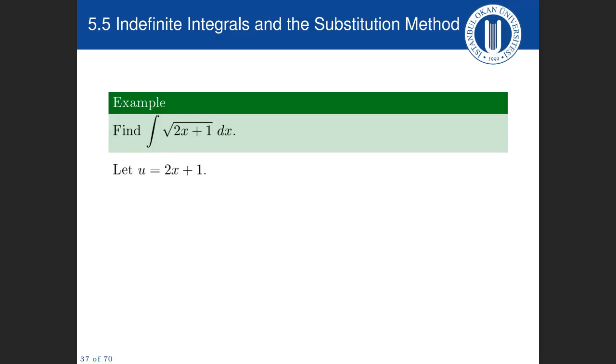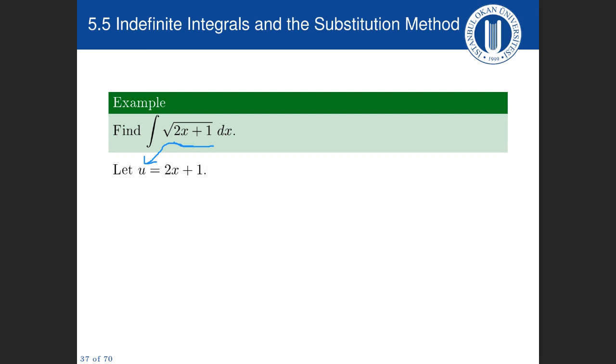Find the integral of the square root of 2x plus 1 dx. We need to do a substitution. We need to choose some function to be u, so as we can make this easier. Looking at our integrand, there's a 2x plus 1 here, so it makes sense to choose this for u.